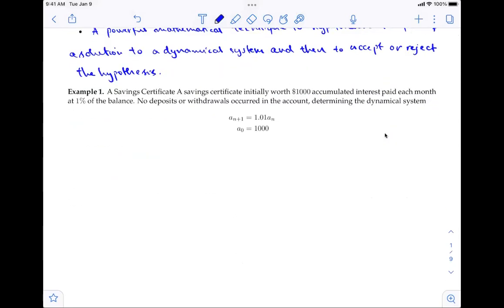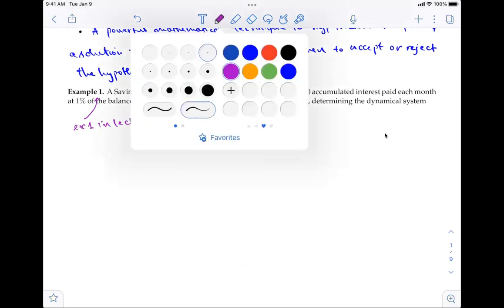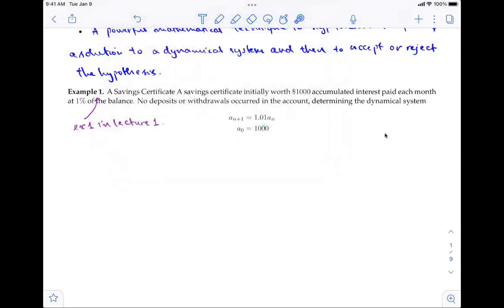This example is very similar to example 1 in lecture 1. If you have forgotten about this example, you can go back to lecture 1 and review it quickly. The problem is that you have a savings certificate initially worth $1,000, with interest accumulated each month at 1% of the balance.